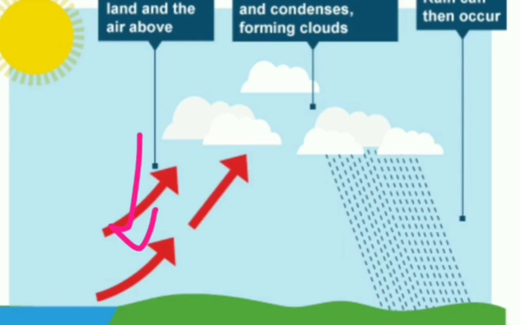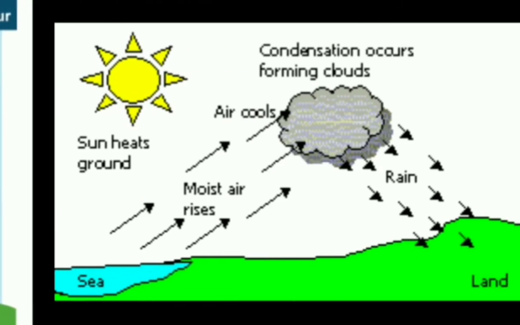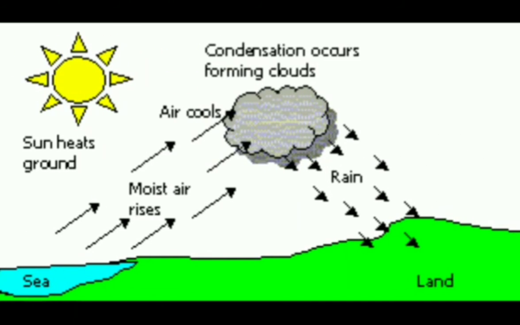When the air is moving up, warm air rises, cools and condenses, forming clouds. When this air is rising, it collects some moisture from the water with it, and while reaching up it makes the clouds condense, and then finally the clouds form, and at last you can see how the rain occurs. This type of rainfall is known as convectional rainfall.